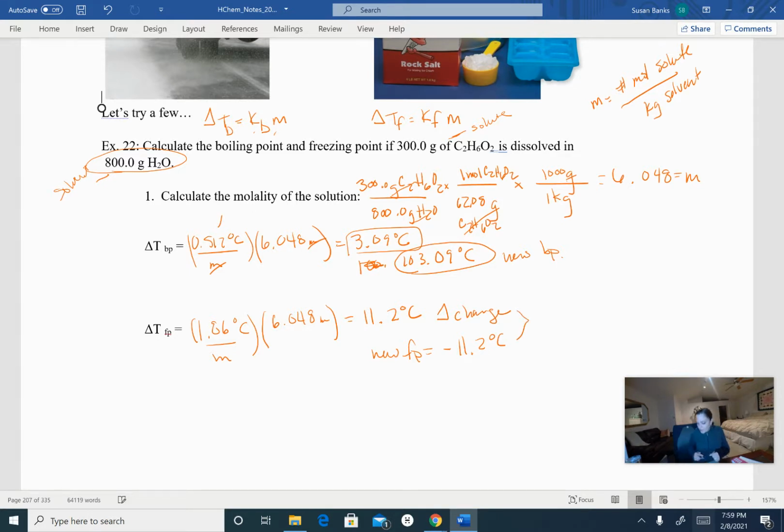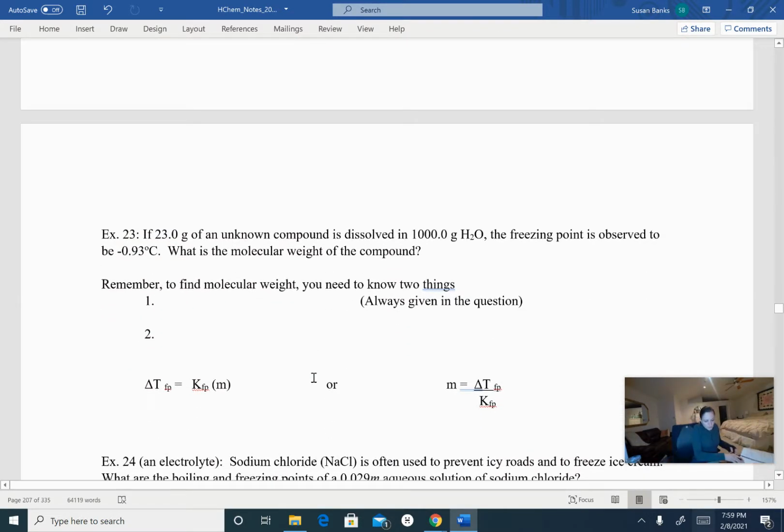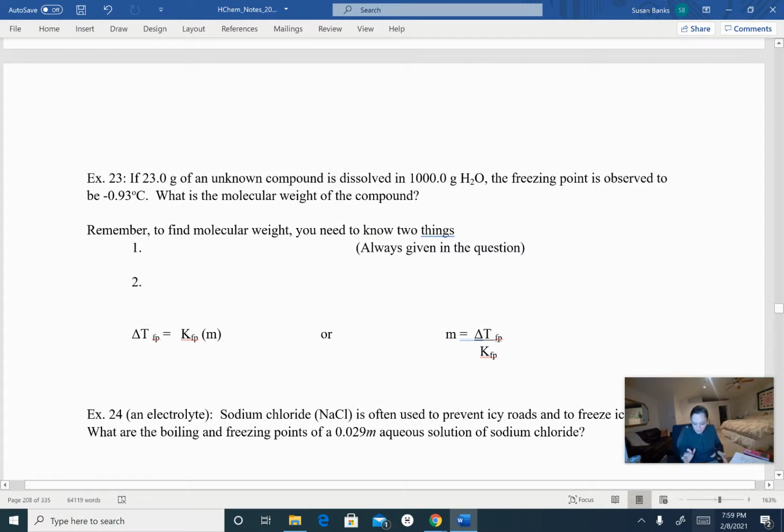Okay, so let's do a few more examples here. Example 23. If I've got 23 grams of an unknown compound and I've dissolved it in 1,000 grams of water, the freezing point is now observed to be negative 0.93. What is the molecular weight of the compound? Now you're probably going, oh my gosh, there's no way.